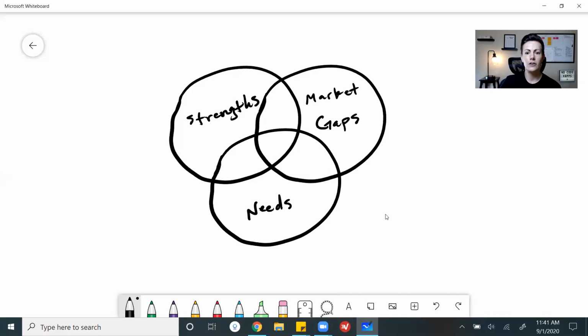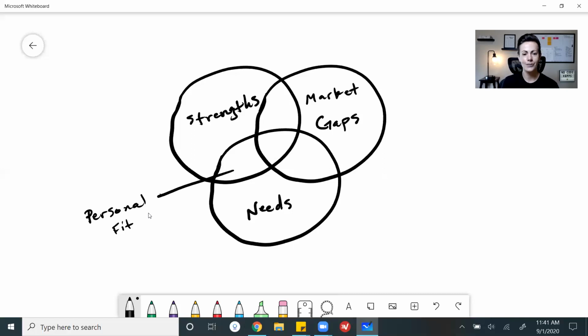Now, here's what you get when you combine these. When you look at your strengths as well as your target market's needs, and when these two things align, when their needs align with your strengths, then what you have is simply a personal fit. And again, this is actually really important.